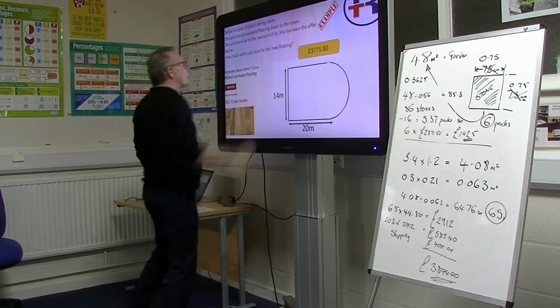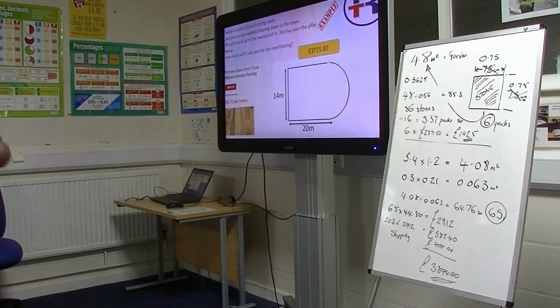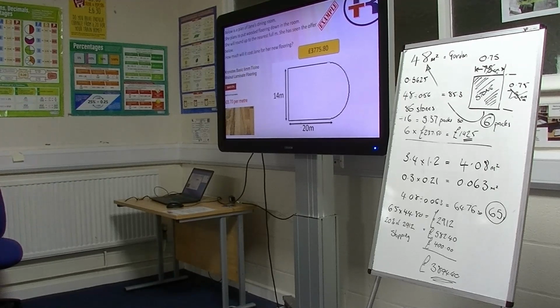Pretend you haven't seen that. Okay, off you go. Work it out. First of all, identify what the shape is, or what the shapes are.